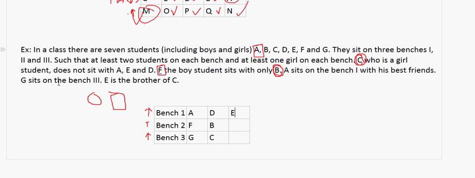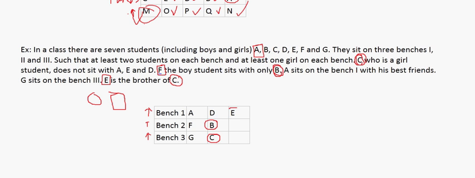Final statement says E is brother of C. So again, E is male, and already we know C is a girl, right? So now if you look here, C is a girl, B is a girl, and we are sure that who else is a girl?